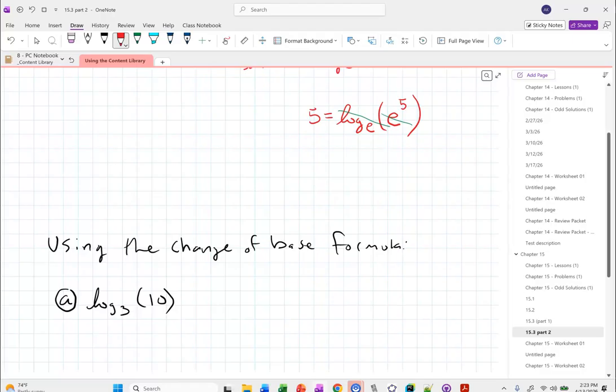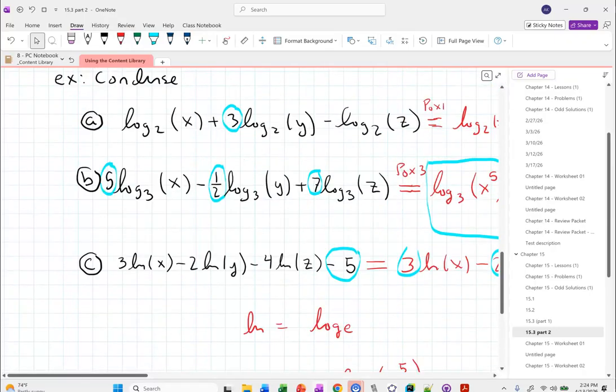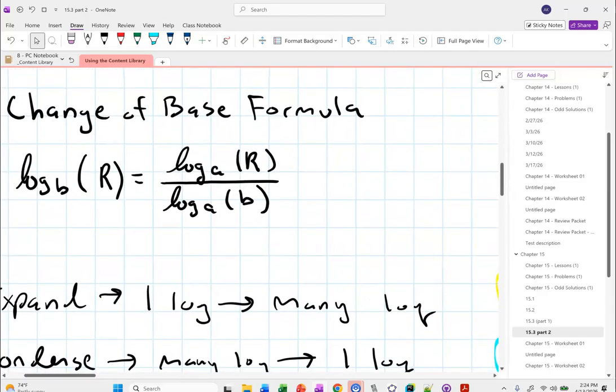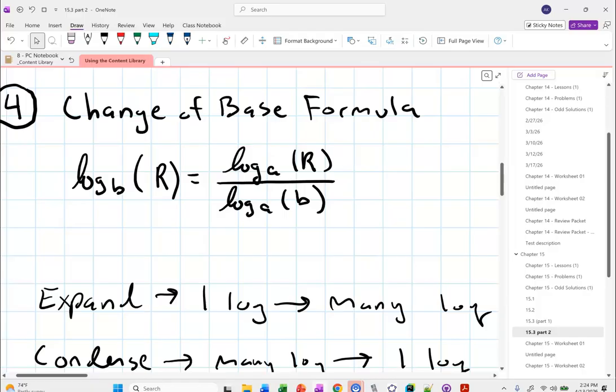All right, so let's say that we have log base 3 of 10. If I look at the change of base formula, what it says is I can rewrite log base b of r as log base a of r divided by log base a of b.